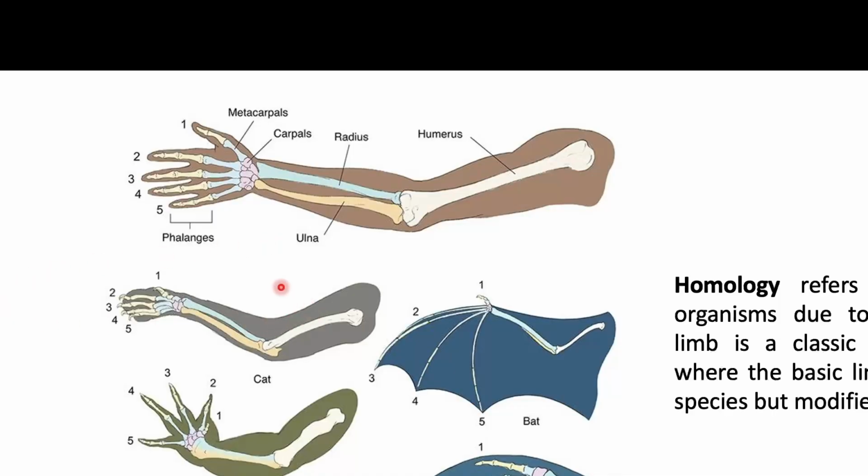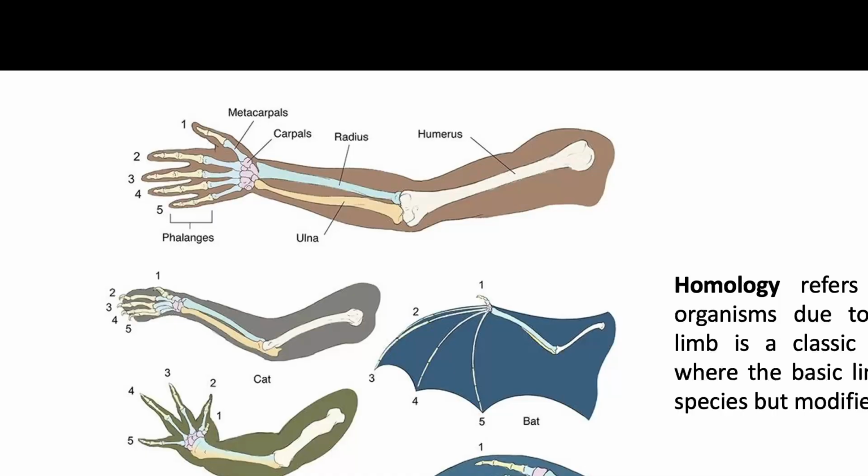Now, a similar organization is also seen in all mammals or all vertebrates. The cat, the bat, frogs, whales, lizards, and birds all have similar organization, but the function they perform is different. A human hand is optimized for grasping or holding things, while a bat wing, which is made up of a similar bone structure, is suitable for flying, while a whale flipper functions for swimming.